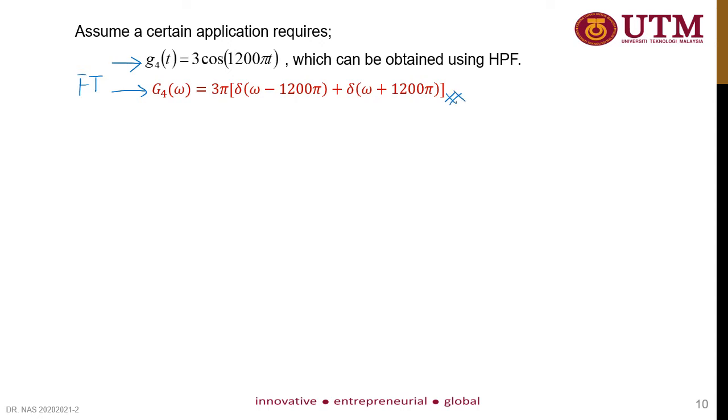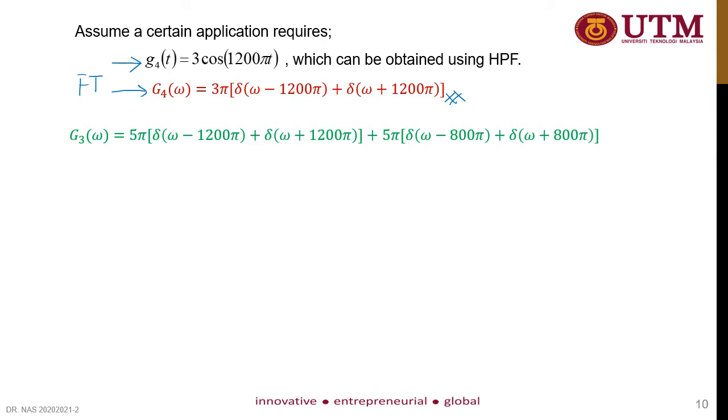Okay, however, if you flip back to the earlier slide, the output of the system is currently g3. Meaning that you have the input g1(t) multiplied with g2(t), and it produces g3.